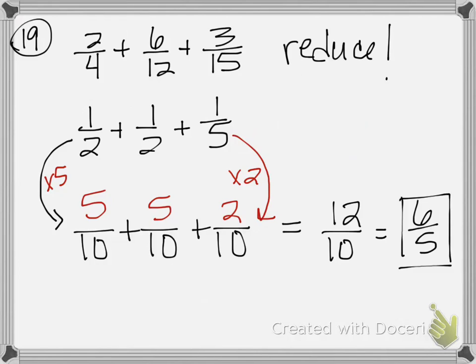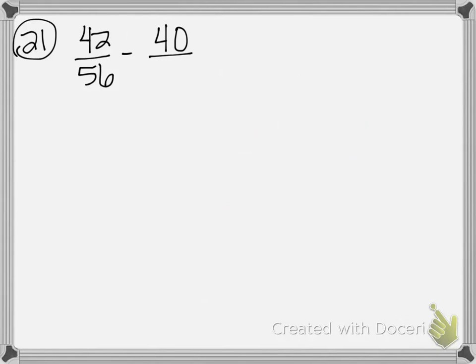Alright, 21 is subtract and simplify, and it's a common denominator. So that's kind of nice. 21, we have 42 over 56 minus 40 over 56.